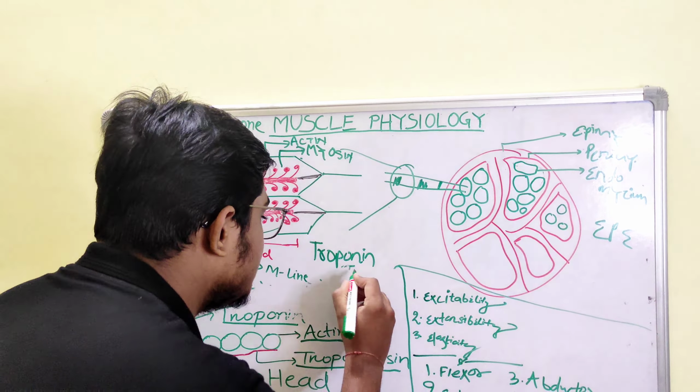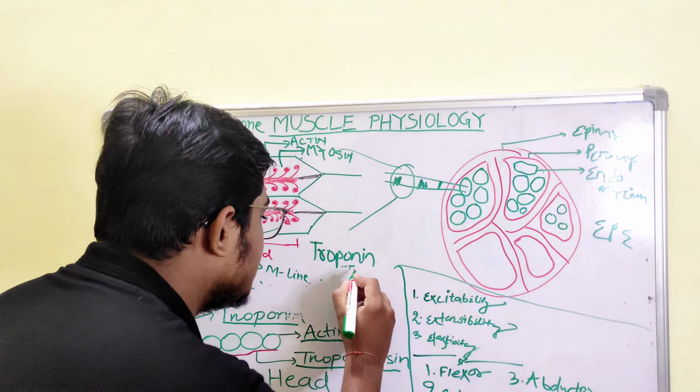Troponin T binds to tropomyosin. Troponin I binds to actin. Troponin C binds to calcium. Calcium helps in the contraction of the muscle.